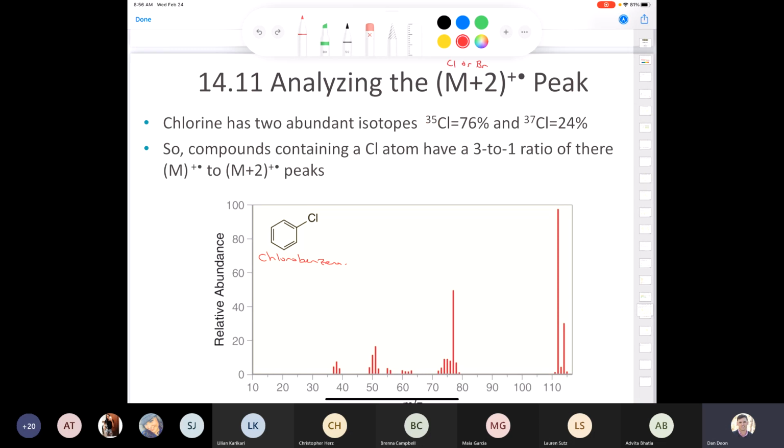A ratio of about 3 to 1. So if you have a compound that has one chlorine atom in it, it's going to have two peaks, one at the molecular ion, the parent, and then an M+2 peak. Anyhow, you get my idea. They are going to have a ratio of 3 to 1.